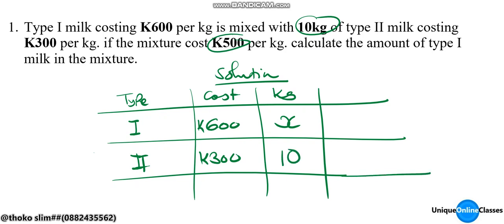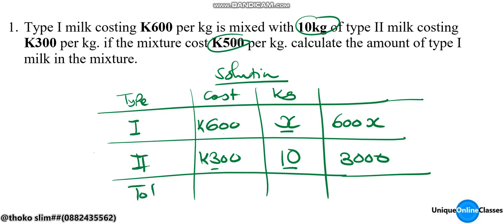And now the next thing we need to know is the total cost for the mixture for each type. To find total cost, it's a matter of multiplying kgs and the cost. So x and 600 gives us 600x, whereas 10 and 300 gives us 3000 kwacha. So that's the total.